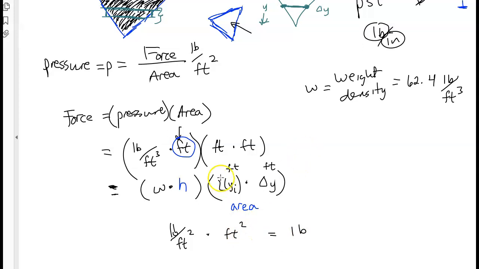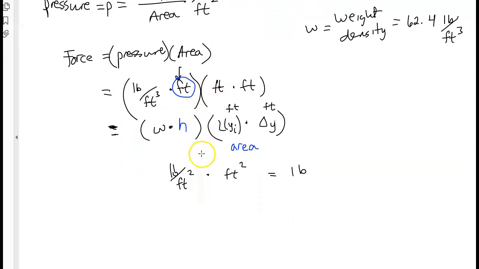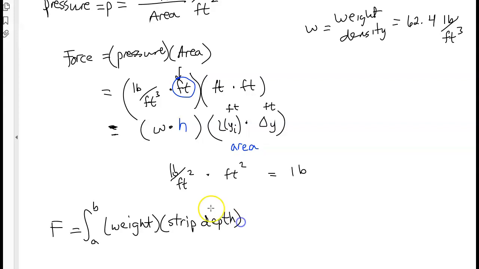Now, in general, there is a nice quick way to model fluid force. It turns out that this force going from A to B will be just the weight density of whatever is applying the pressure, times what we call the strip depth, times L sub y.